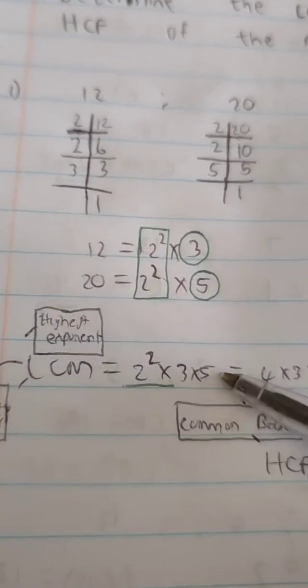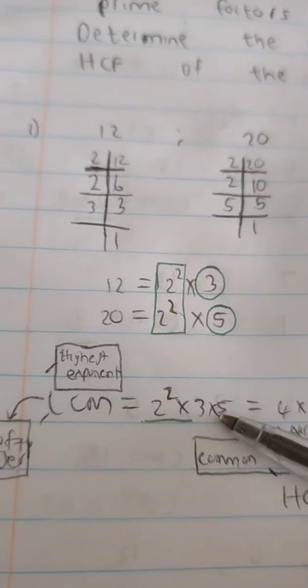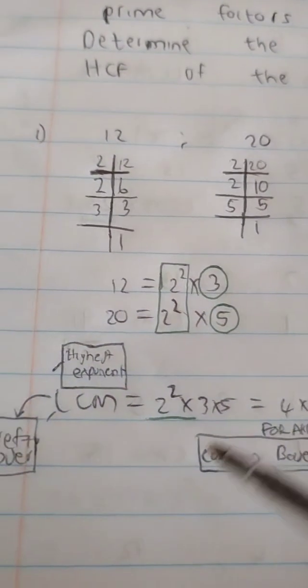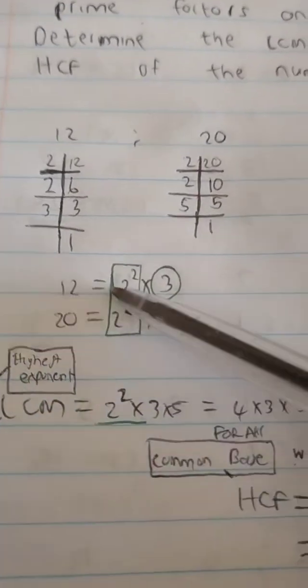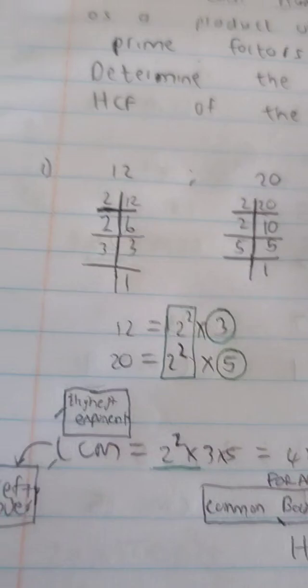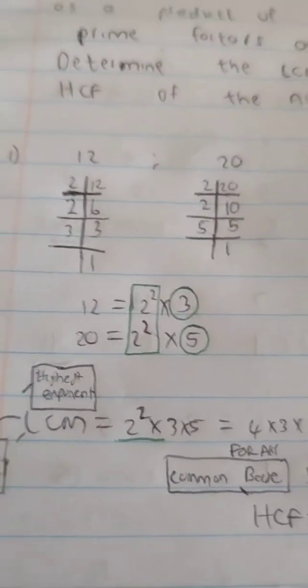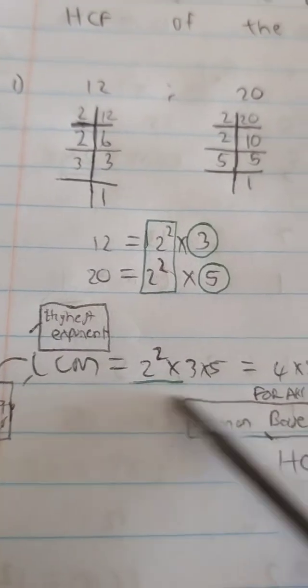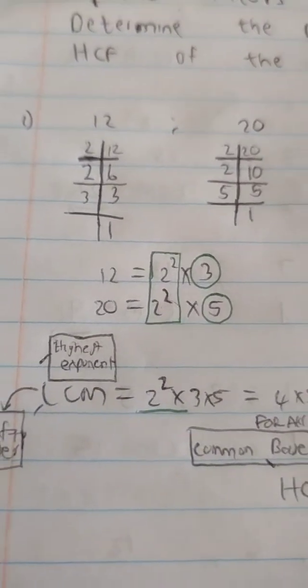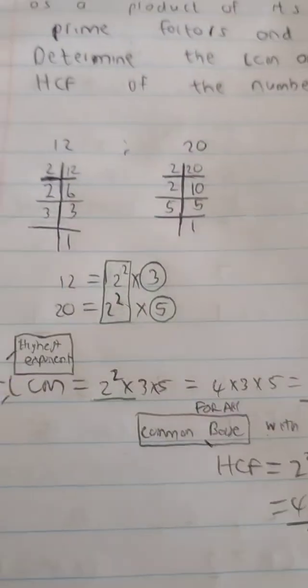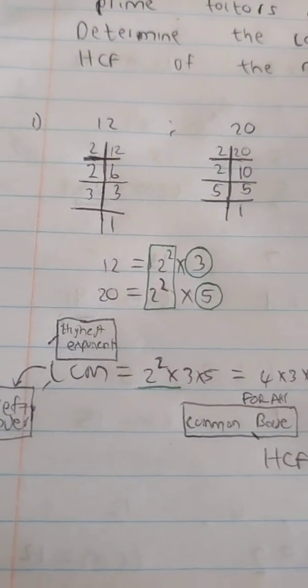So that's why we are actually including it here. Yeah, it is alone as a leftover as the base with the highest exponent. So we include it. We include the 3. But for the common ones, obviously, we are just going to select the base with the highest exponent. So we are just pumping in the bases here that have the highest exponent. That's what we are pumping in here for LCM. Yeah, we are selecting from everything. Okay.